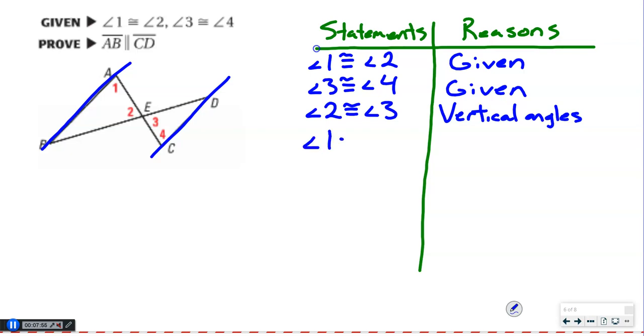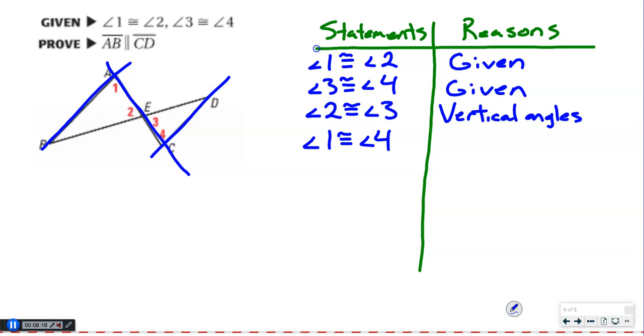We need angles 1 and 4 because they have an actual relationship with those 2 lines if they're going to be parallel. So 1 and 4, how can we get to angles 1 and angle 4 being congruent?